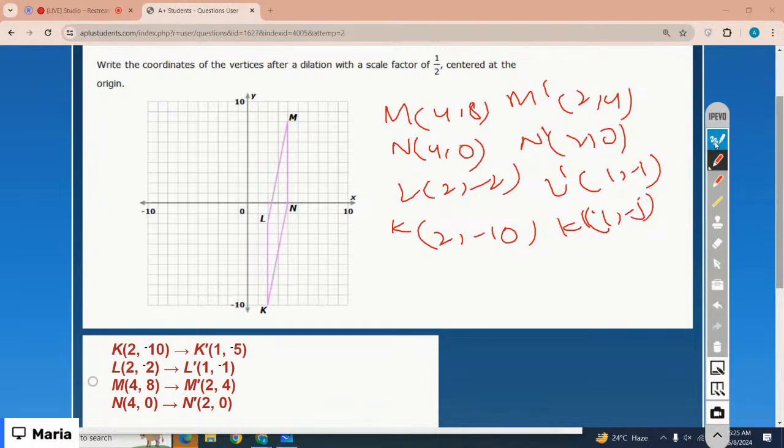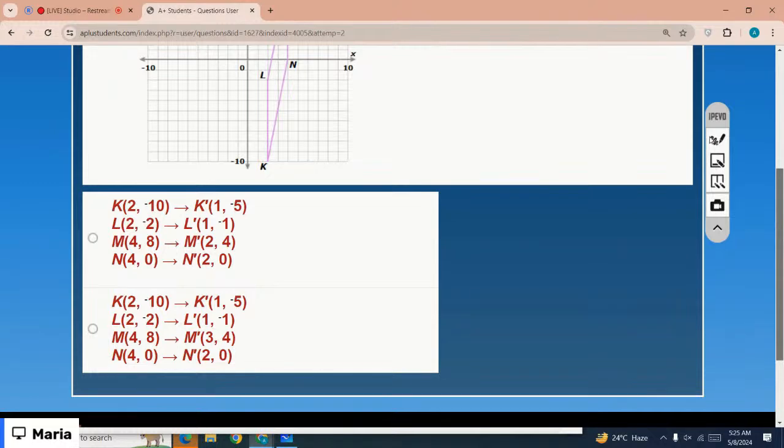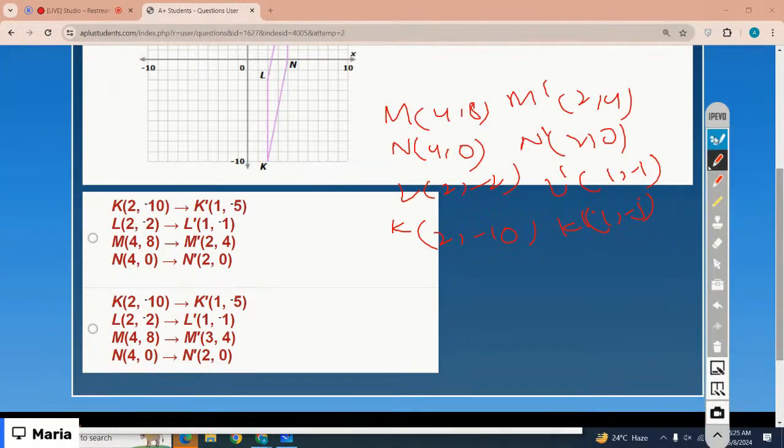You are given two of the options, just match and see which is the correct option. So option number 1 is the correct option.